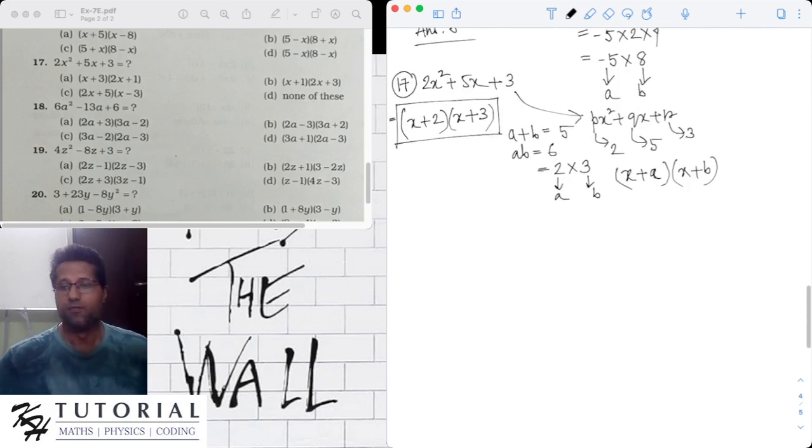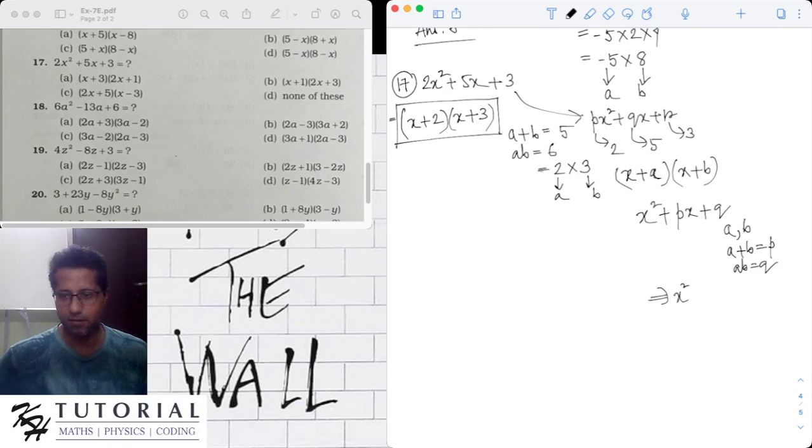I'm sorry, for the quadratic trinomial x square plus px plus q, if you can find a and b such that a plus b is equal to p and ab is equal to q, then you can say that the quadratic polynomial x square plus px plus q can be factorized as x plus a multiplied by x plus b.